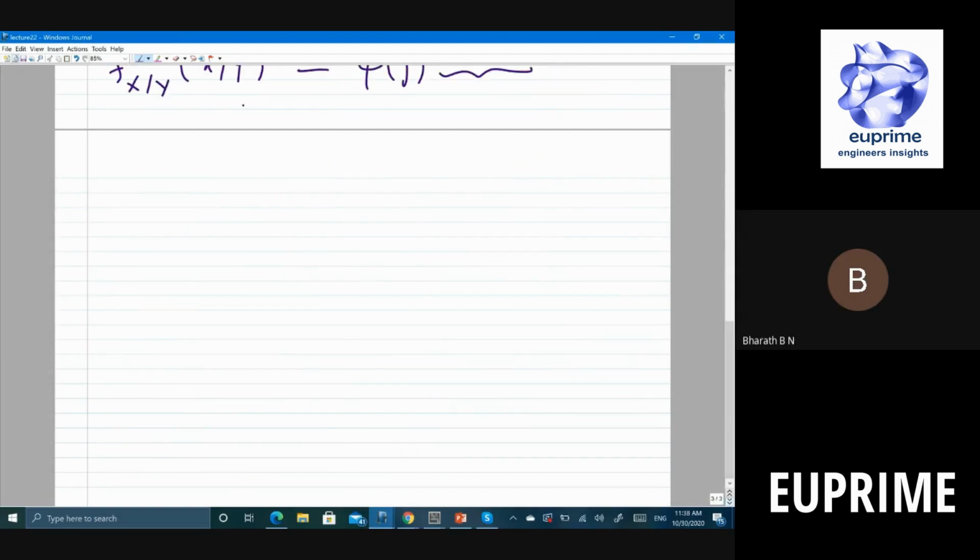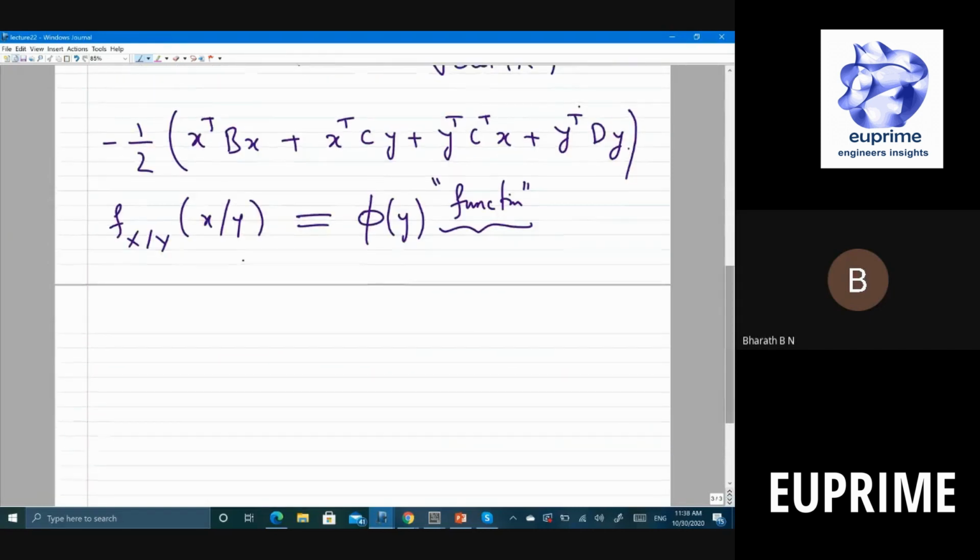Now, looking at the exponent, y transpose Dy is a function of y only, so I can pull that out of the exponent and call it phi of y.